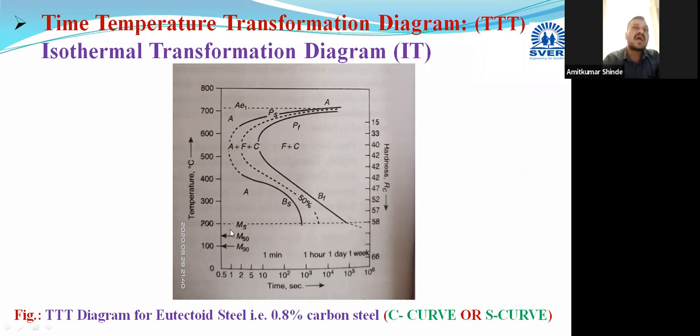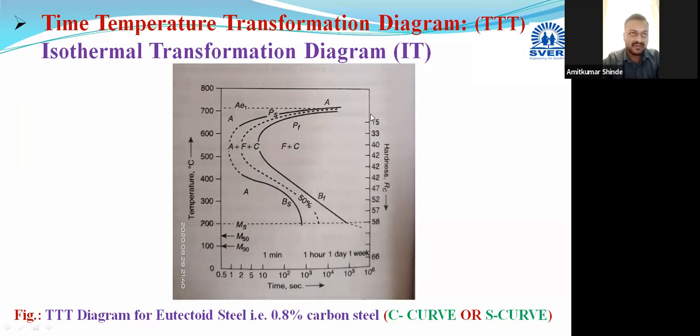With higher transformation temperatures, we will get pearlite, which has lower hardness and improves ductility. And if the transformation temperature is low, then we will get the martensite structure, which has high hardness.